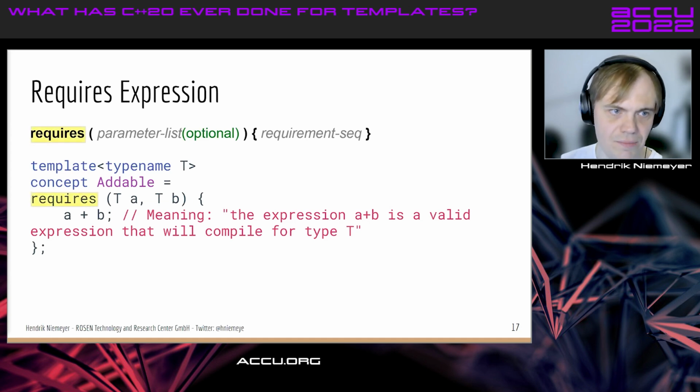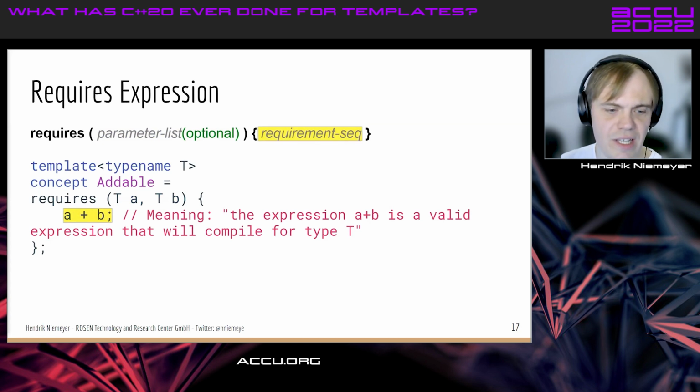So what do we have here? We have the requires, which starts the requires expression. We have an optional parameter list, which defines two parameters, A and B, which are used for checking something later in the requirements sequence. And here we have the simple requirement A plus B.